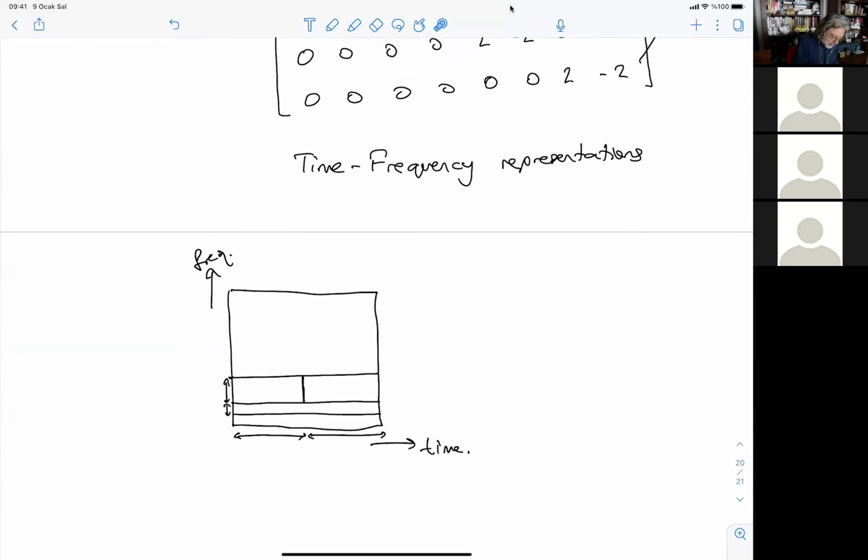And when you go up one further level, the frequency resolution, I will have to erase some parts because I'm making an inappropriate box here. It's more like this.